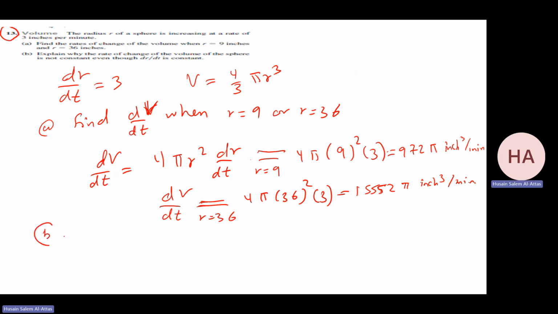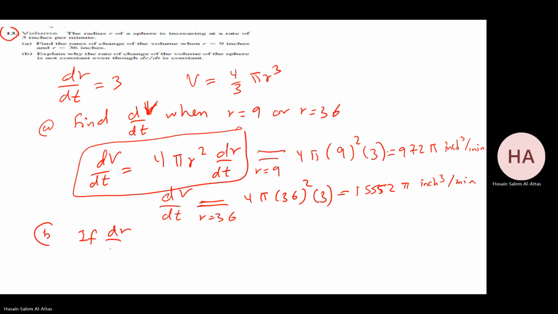Okay, part B. Explain why the rate of change of the volume is not constant, even though dr by dt is constant. Yeah, because it's very clear from here. If dr by dt is constant, then dv by dt is something times r squared.